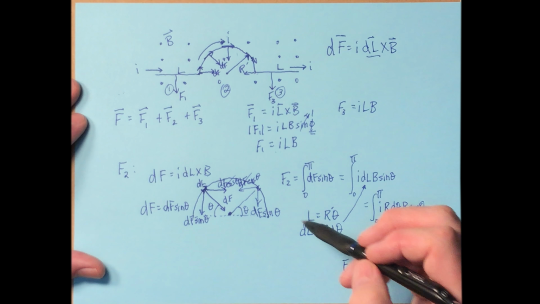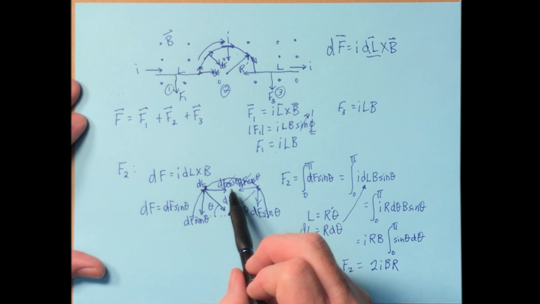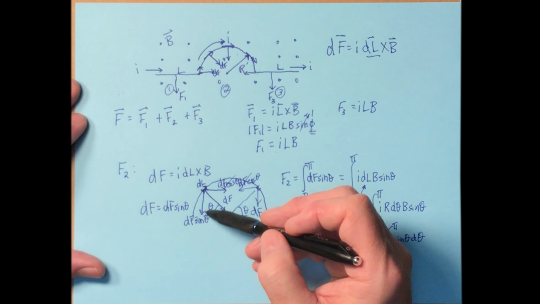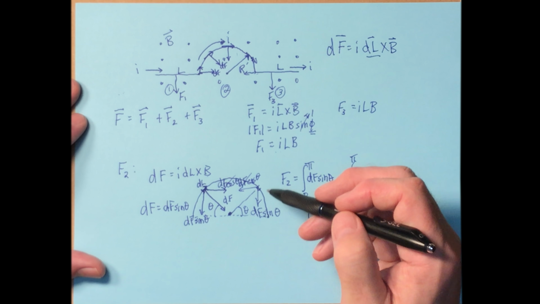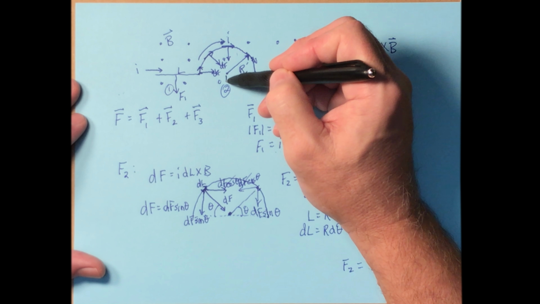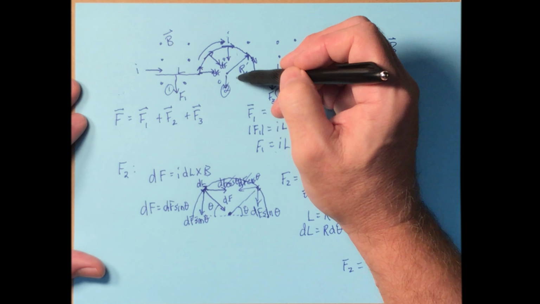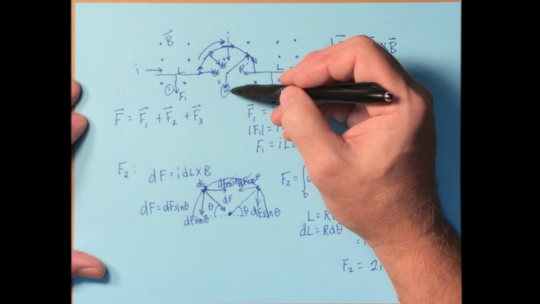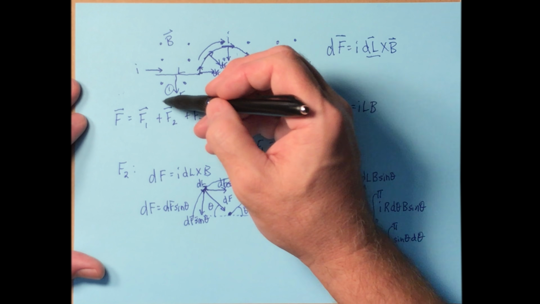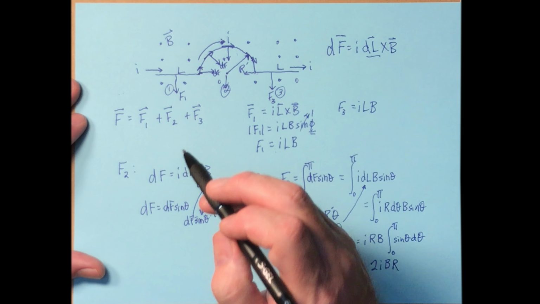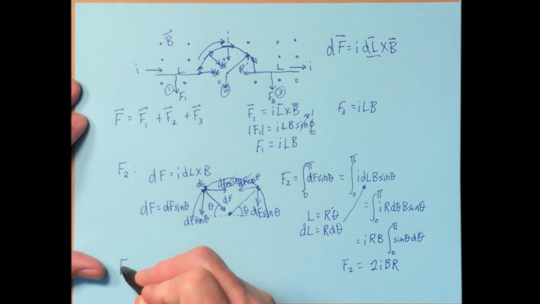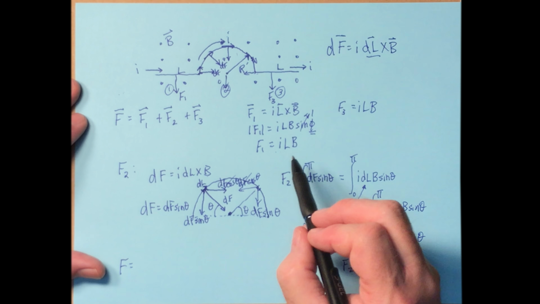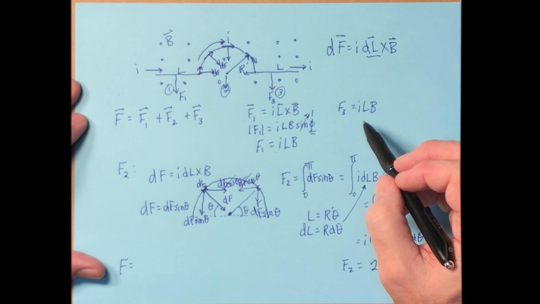And what's the direction of F2? Well, based upon our symmetry arguments, there is no horizontal component. All that we have are these vertical components pointing down, so the net direction in area 2 is also down. So F1 points down, F3 points down, now we know F2 also points down. So this vector summation becomes really simple, that the total force is just algebraically F1 plus F2 plus F3.